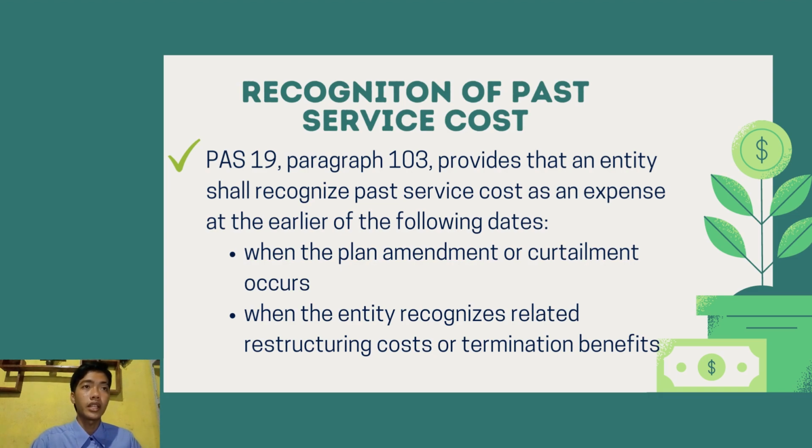So, a curtailment is a significant reduction in the number of employees covered by the plan, while plan amendment naman is a change in the value of benefits payable or introduction withdrawal of a plan. So, next naman is when the entity recognizes related restructuring costs or termination benefits. Termination benefits are employee benefits provided in exchange for the termination of an employee's employment.